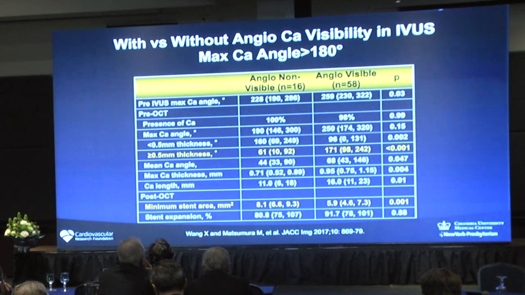So this is one important message: IVUS cannot detect the thickness of the calcium. However, if you don't see the calcium by angio but see a big chunk of calcium by IVUS, most likely that calcium has to be thin and doesn't inhibit stent expansion.